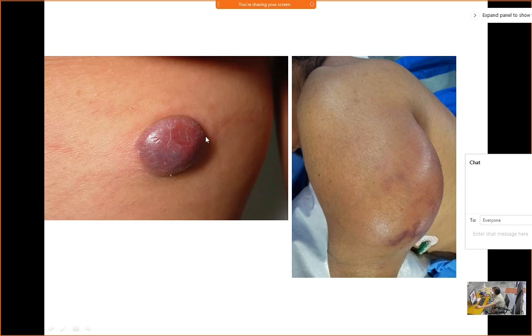So looking at this picture, you can see this is a very well circumscribed growth, which appears extremely superficial. What you can appreciate here is that the skin over this is totally atrophied. It's not ulcerated yet, but it is bound to ulcerate because the skin has become so thin and atrophied. And you can see that it's extremely red.